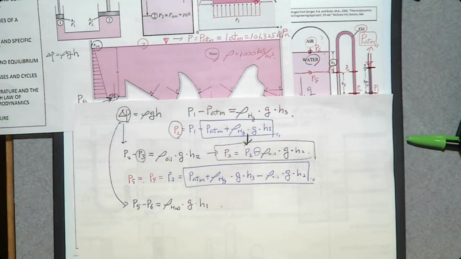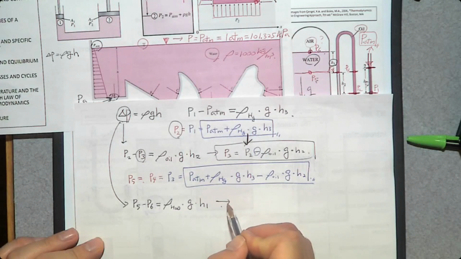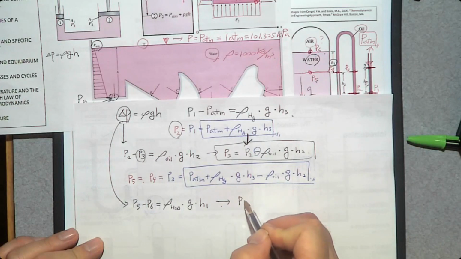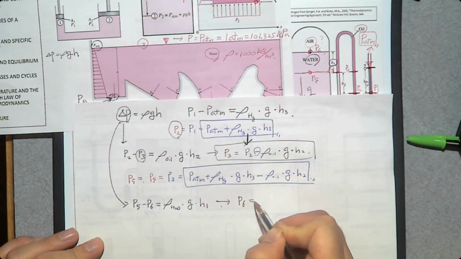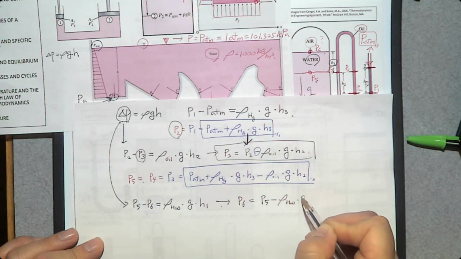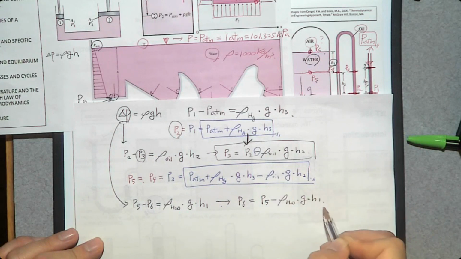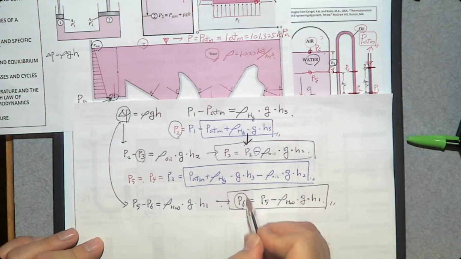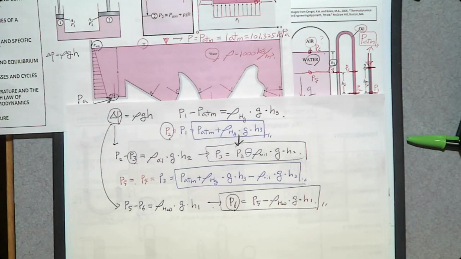Now let's rewrite this equation in terms of P5. P6 is going to be P5 minus density of water times gravity times H1. So the air pressure is going to be P5 minus rho G H. We need to solve for P5, but we already found P5, so let's put this whole thing here.